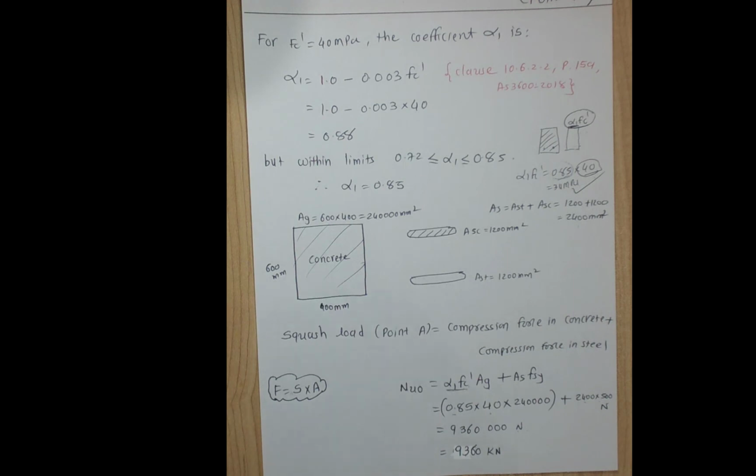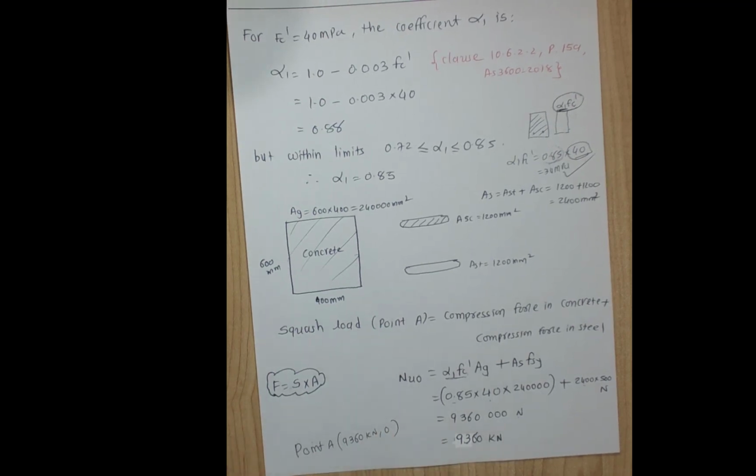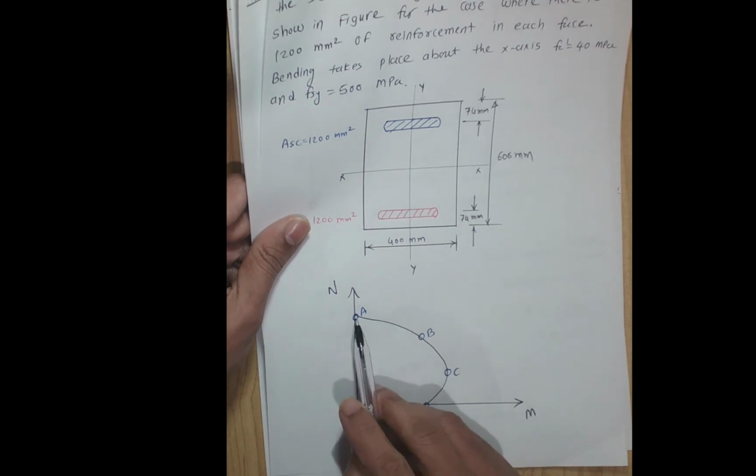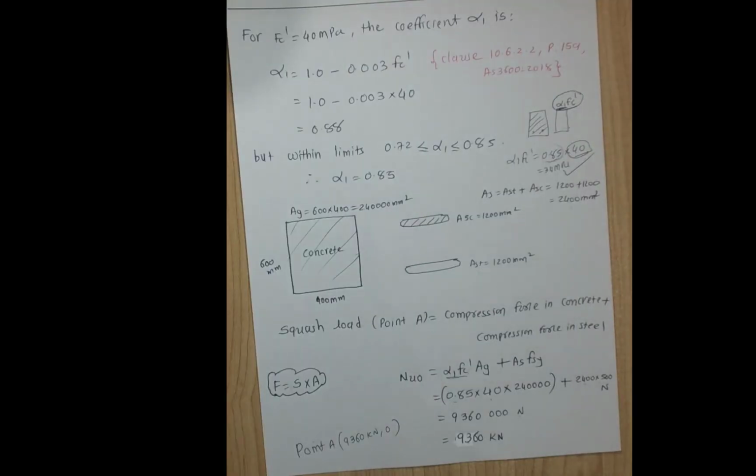So actually we found that the first point, point number A, is 9360 kilonewton and zero bending moment. So over here, if I come back, I can write down 9360 and zero bending moment here. So that is point A, the first point that we just found.